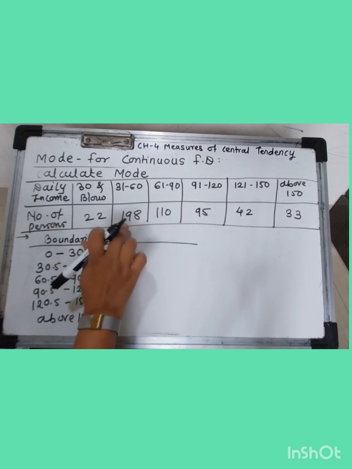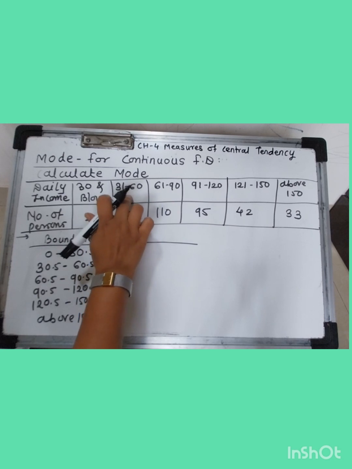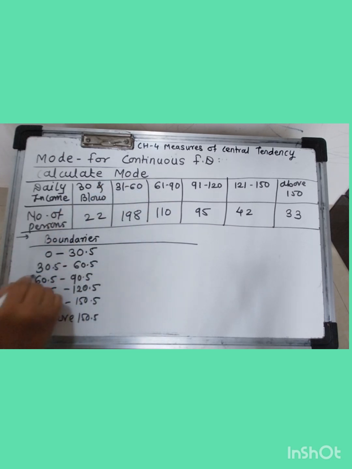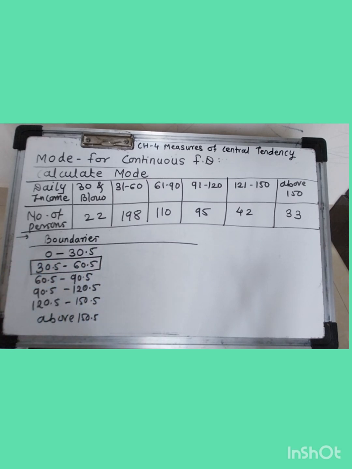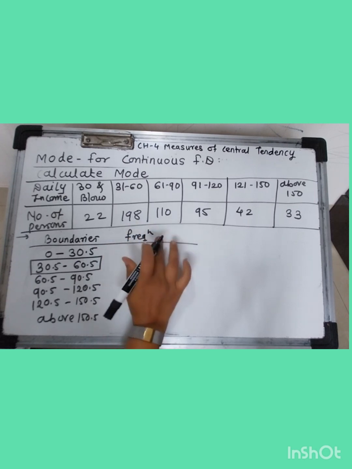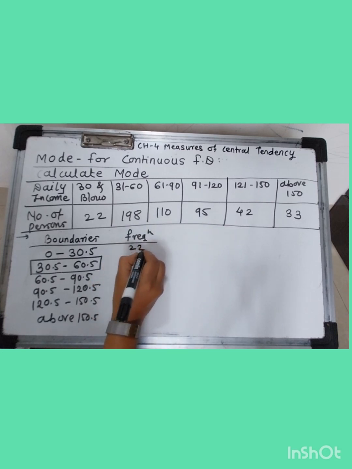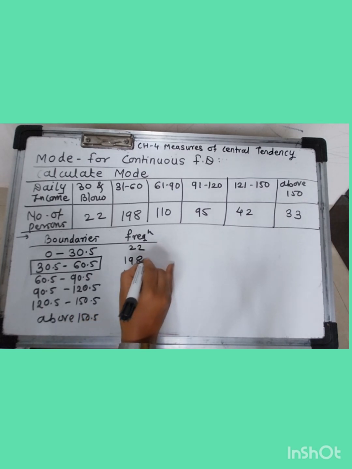The largest frequency is 198, so this is my modal class. The frequencies here are 22, 198, then 110, then 95, 42, then 33.